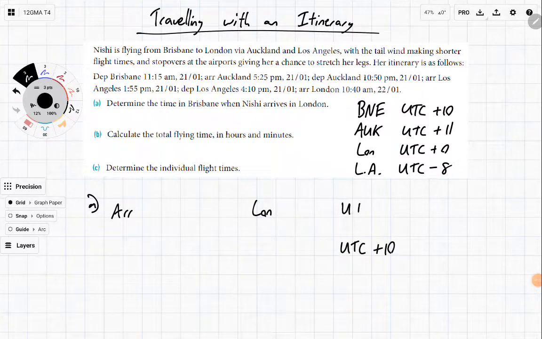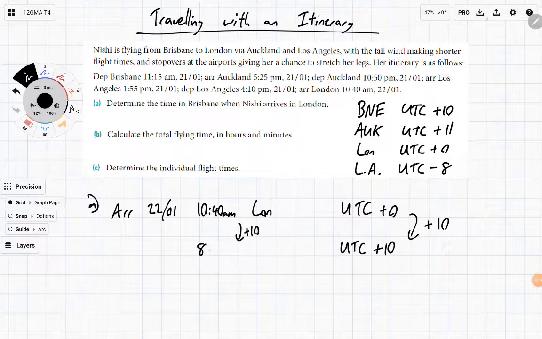Well, it's currently in UTC plus 0, and in fact the information is 22 of the 1st, so we're going to use the date there, and it's 10:40 a.m. in London, which is UTC 0. Alrighty, so we want to convert it to Brisbane time, so that's plus 10 hours. Plus 10 hours is a lot like plusing 12 hours and then subtracting 2.